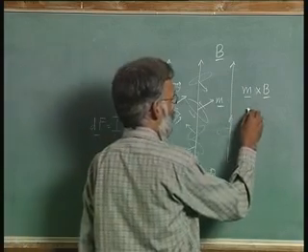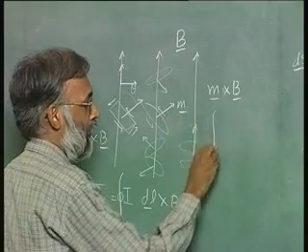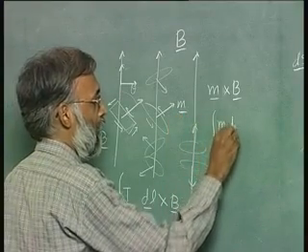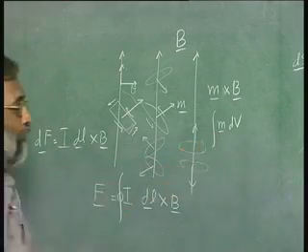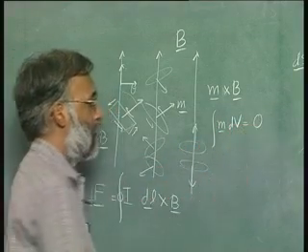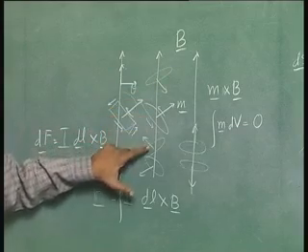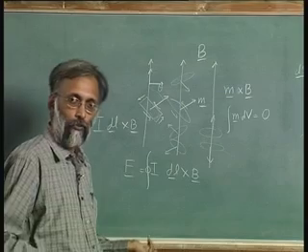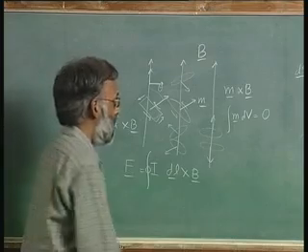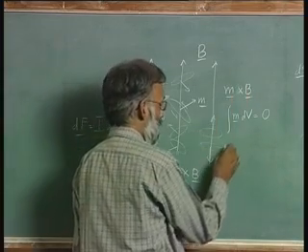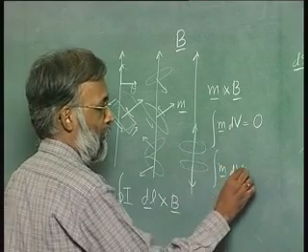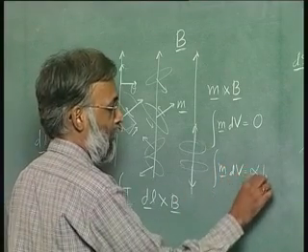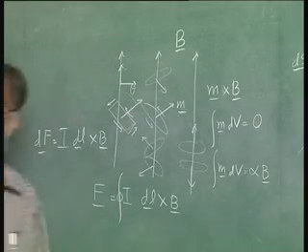So, initially if you took the average of m, if you took m dv, the volume average of m, you would have got 0, because the spins pointed in all possible directions and there was no net spin. But once you have a magnetic field present, what happens is that m dv is equal to some fraction of B itself.